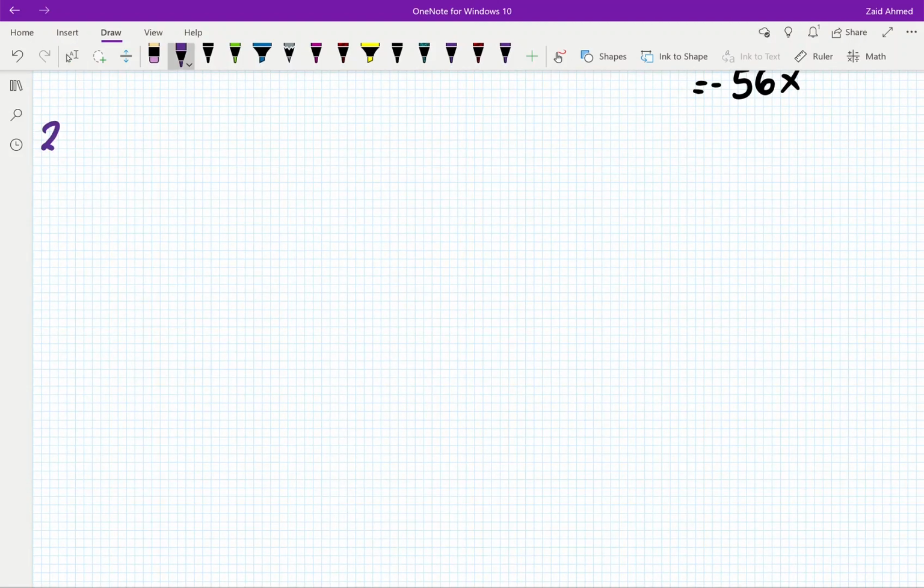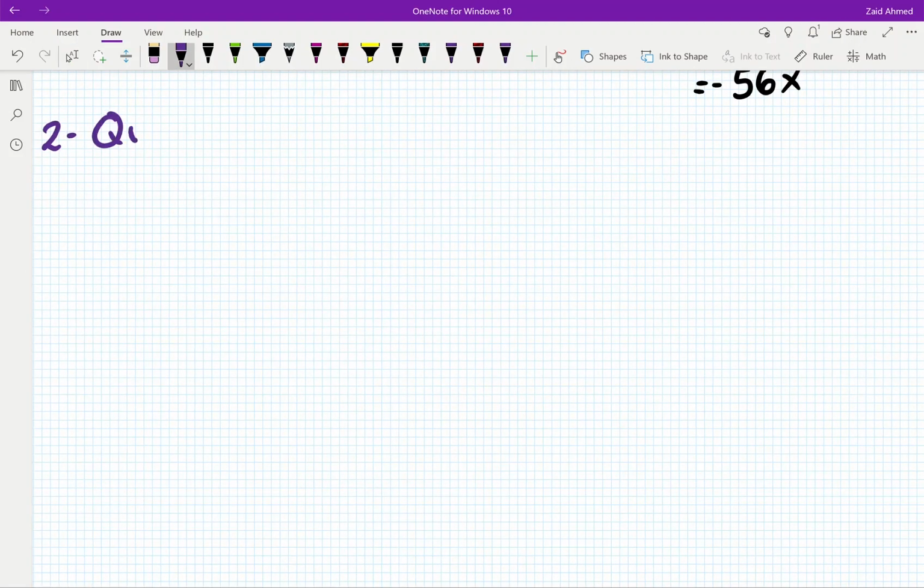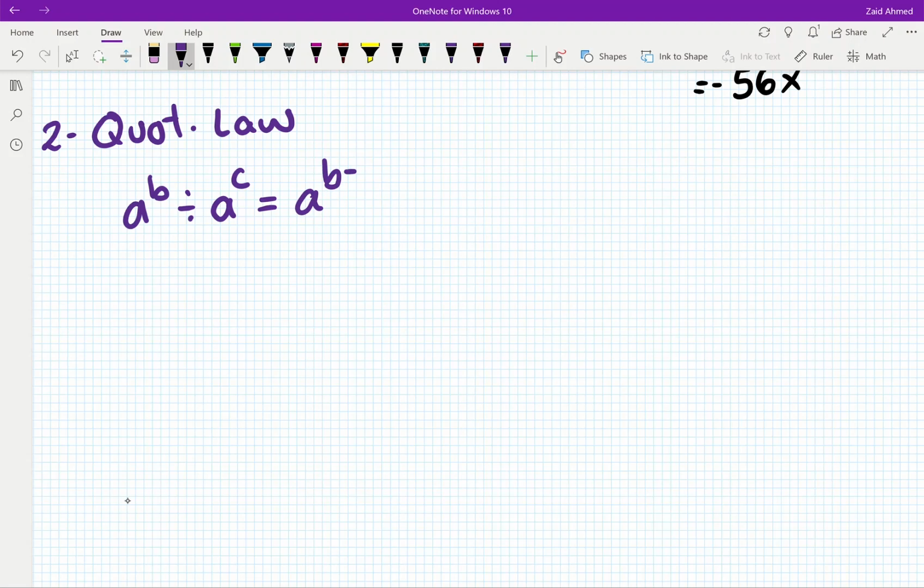The next one that we have is known as your quotient law. And this is when our bases are the same and the powers are dividing with each other. When the powers are dividing with each other, what you would then do is subtract the exponents. So it's pretty much the opposite of when the powers are multiplying with each other.